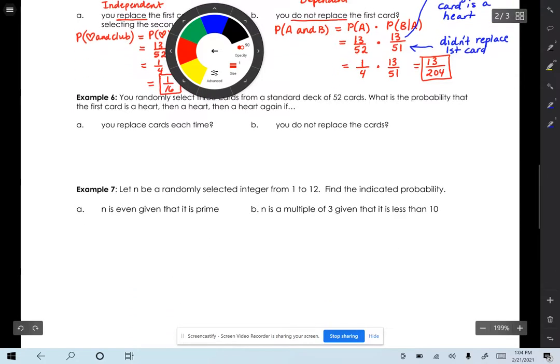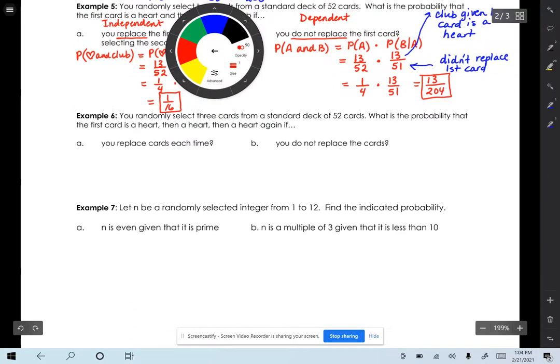Okay, example 6. You randomly select 3 cards from a standard deck of 52 cards. What's the probability that the first card is a heart, the second then a heart again, and the third a heart? Replacing means independent. Not replacing means dependent.